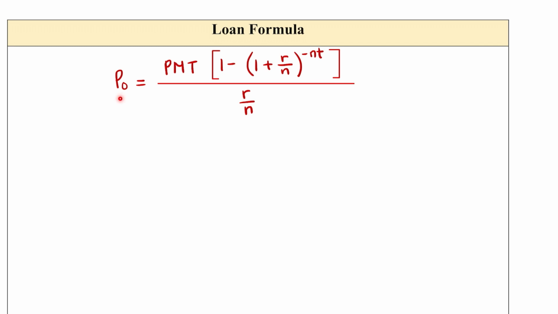The loan formula is P of 0 equals PMT, open square bracket, 1 minus, open parentheses, 1 plus R over N, close parentheses, raised to the negative N times T power, close square bracket, everything divided by R over N. P of 0 is the balance in the account at the beginning.